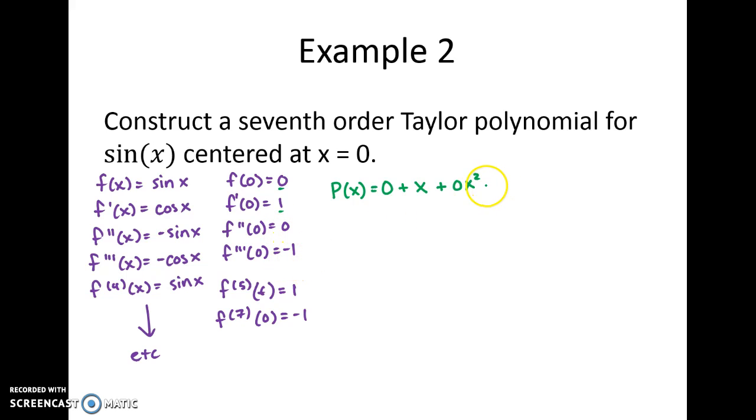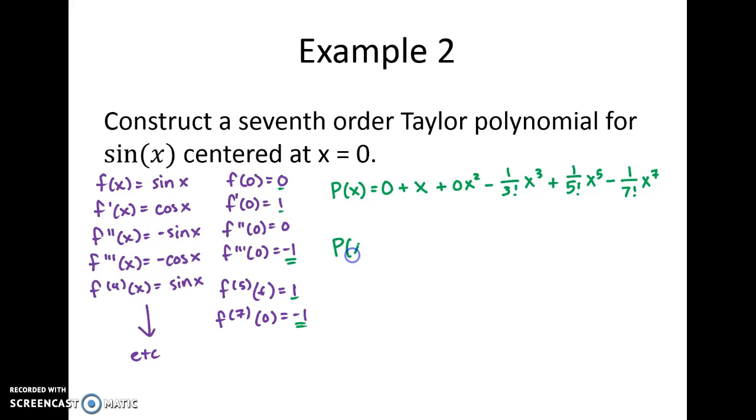The third one would be negative 1 over 3 factorial, and then that would be x cubed. The fifth, I'm going to skip the fourth one. The fifth one would be positive again, and it'd be 1 divided by 5 factorial, and it's x to the fifth. And then the seventh would be negative again, 1 over 7 factorial x to the seventh.